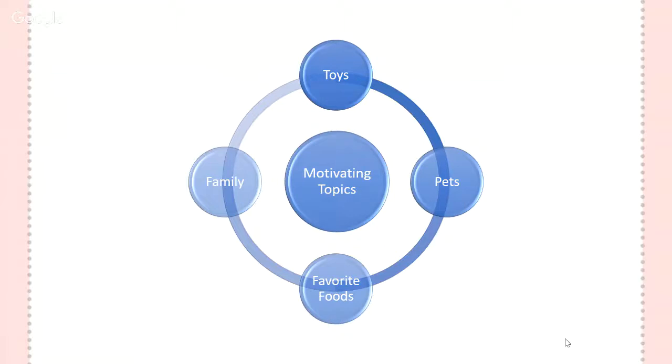Here are some examples of topics used in many course books: toys. We can talk about their pets, their favorite foods, their family. They will always, always have something to say about those things.